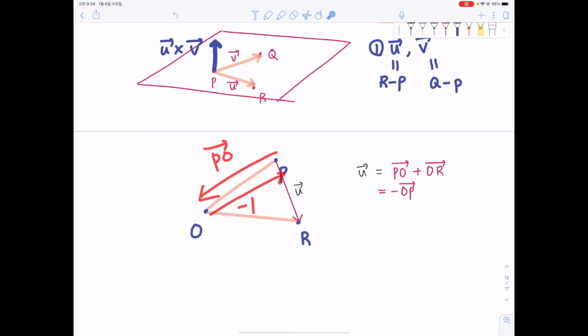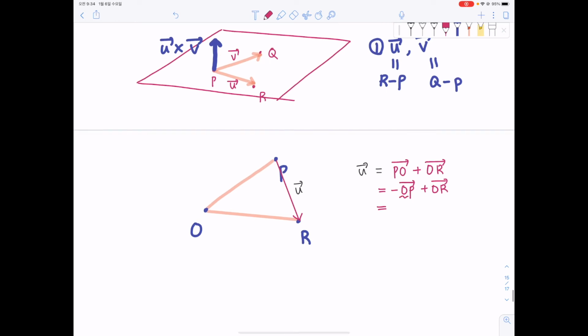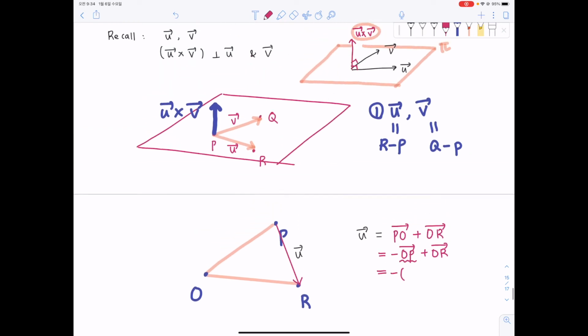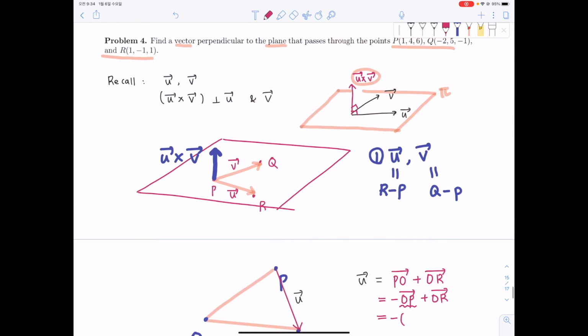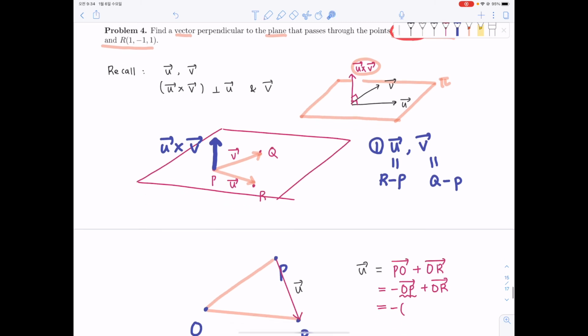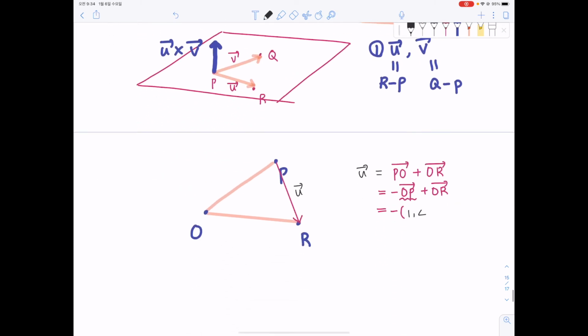It has the minus sign here because it started with O, but it was started with P, okay? So this vector is just represented by the point P here, 1, 4, 6.